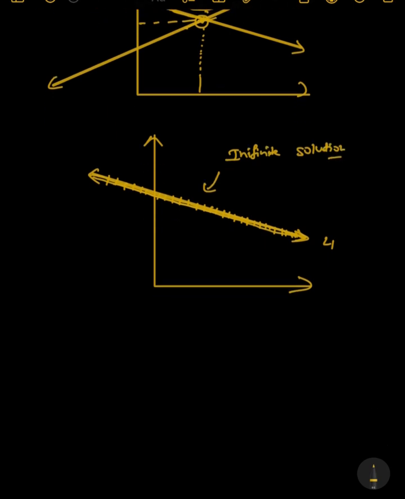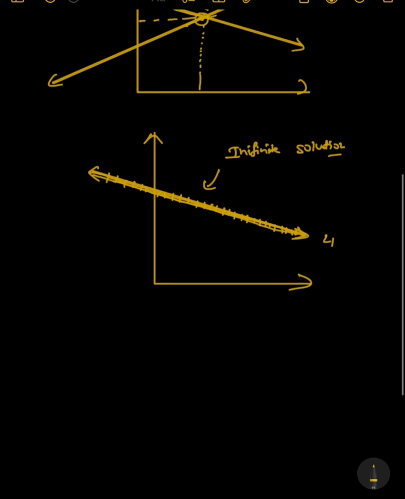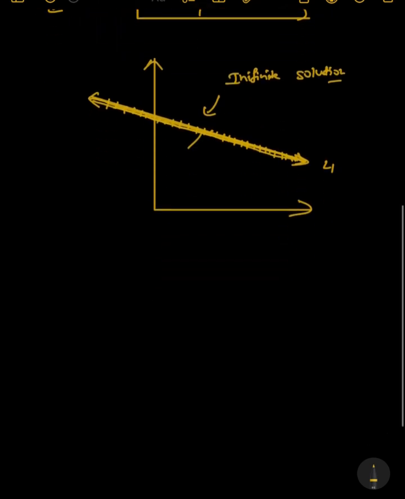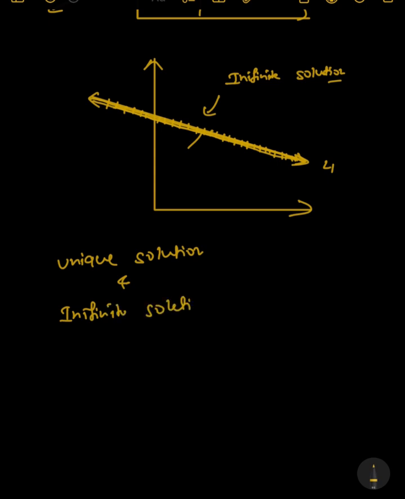Okay, and what do we call consistent? Consistent means at least one solution. So here we got one solution and here more than one solution. So what we conclude here: a unique solution and an infinite solution will give us what?